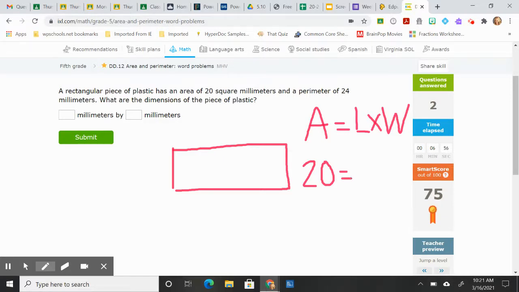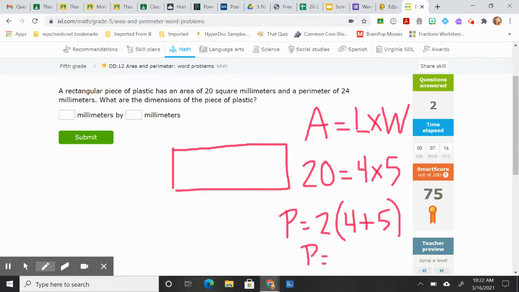The length and the width could be 4 and 5. Okay, but would that give me a perimeter of 24? Perimeter is 2 times the length plus the width. That would give me a perimeter of 18. That's not going to work. Okay, so I have to think of something else.